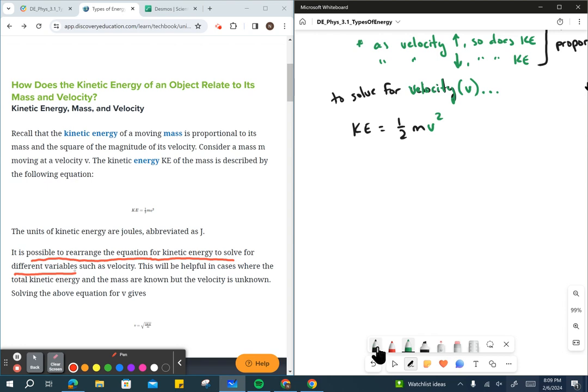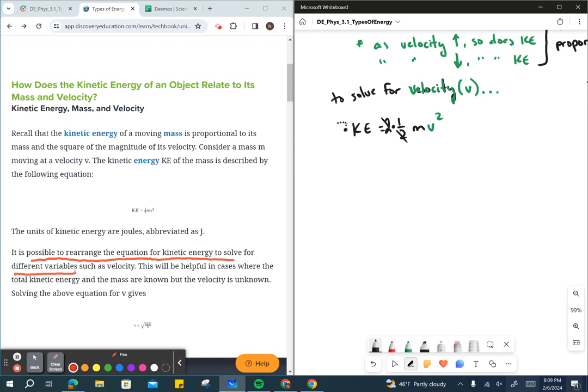What I can do is multiply everything on the right by 2. That 2 is going to cancel out. And what you do to one side, you do to the other.